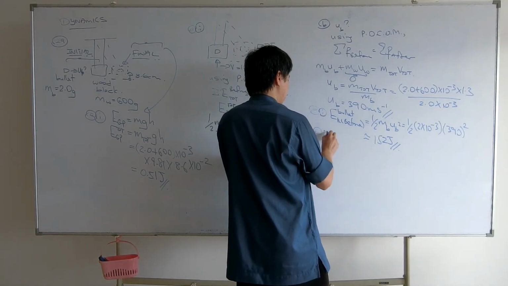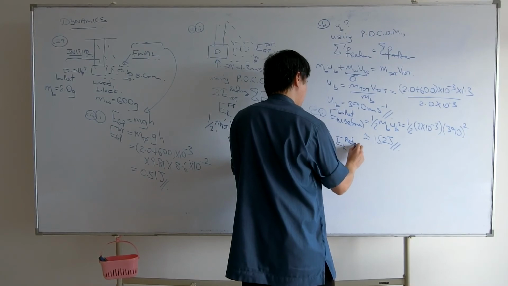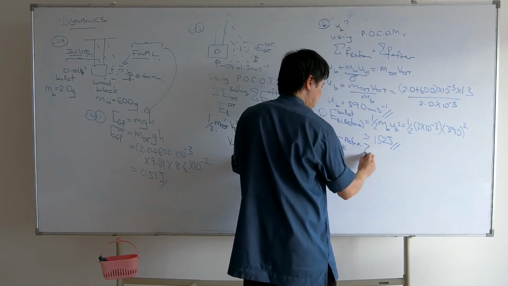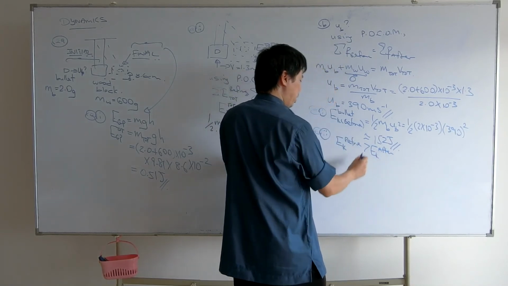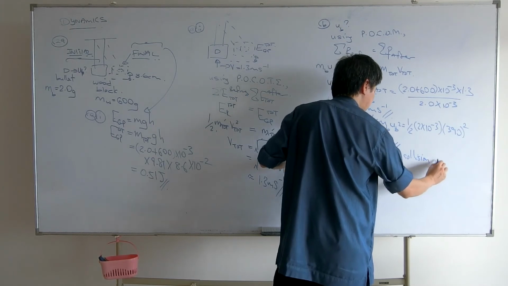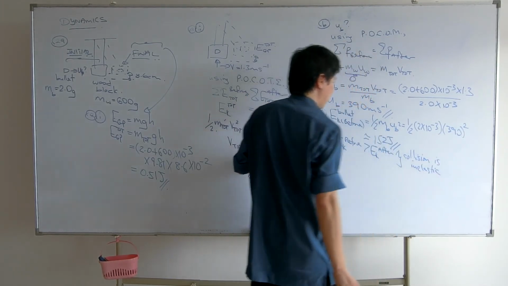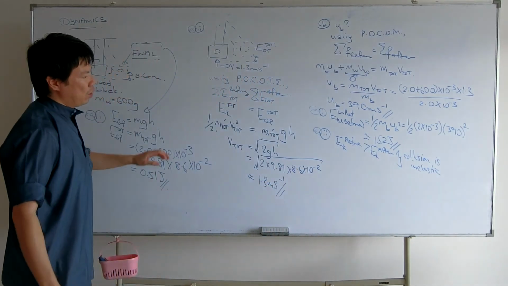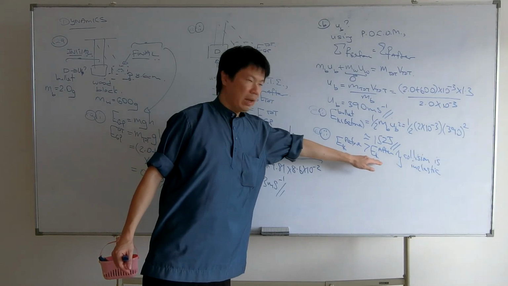C2. We know if EK before is greater than EK after, we know that the collision is inelastic. In this case, under POPCOM, there is a loss in kinetic energy.